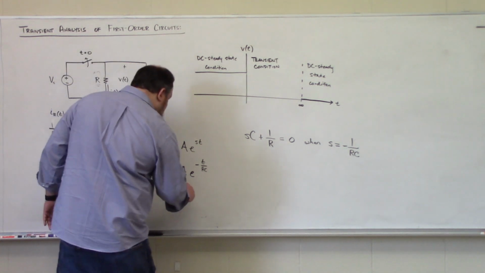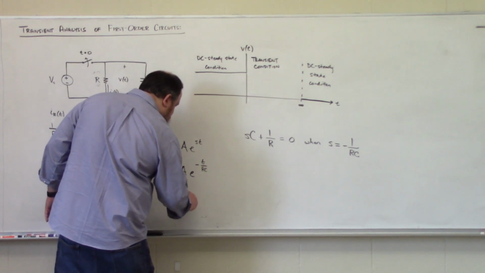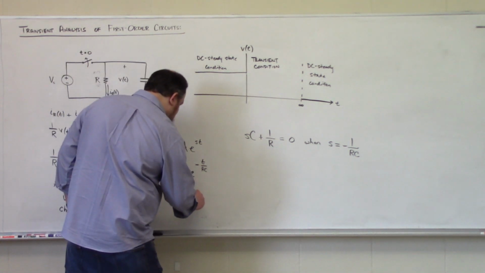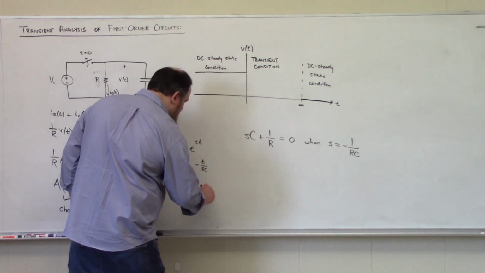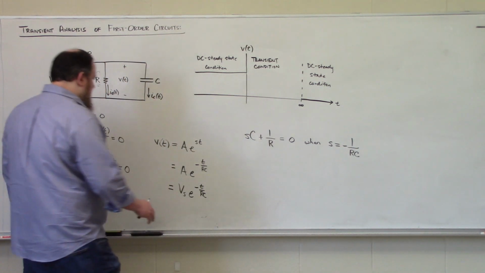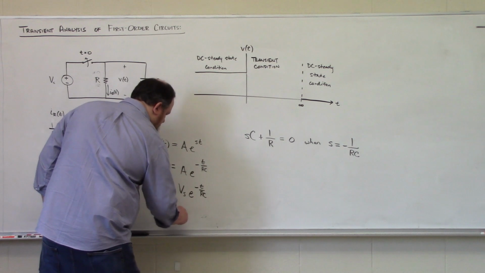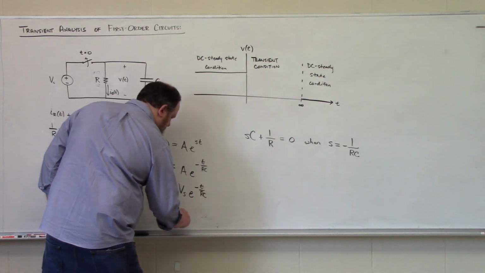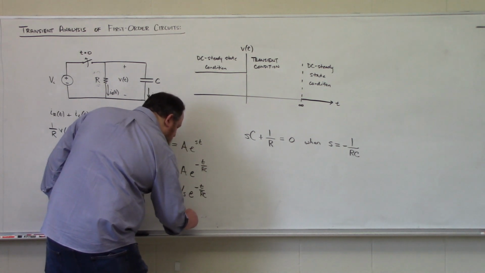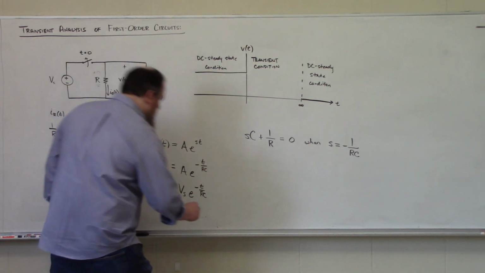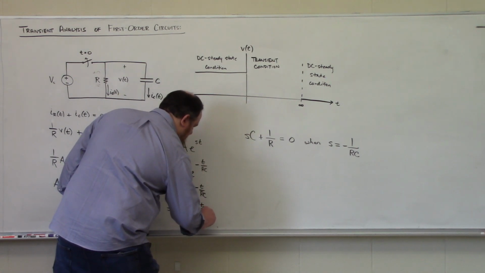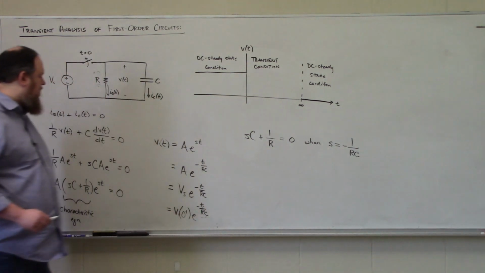And so we see that this needs to be our initial condition on our capacitor voltage, Vs. So we have Vs e to the negative t divided by RC. And I'm going to slightly more generalize this to be V at t equal to 0 plus, e to the minus t divided by RC.